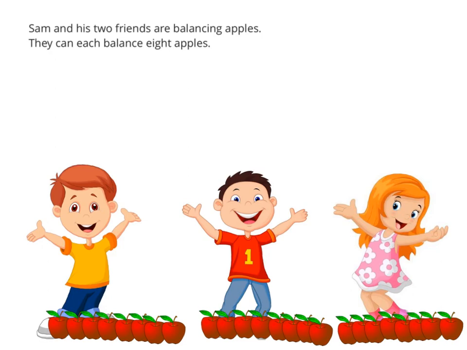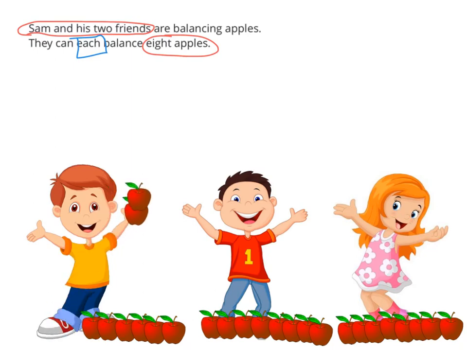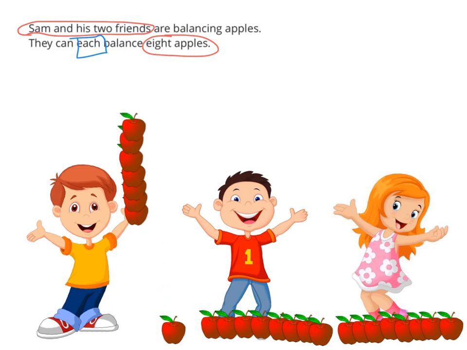So let's take a look again up here. Sam and his 2 friends. They each have 8 apples. So I am going to show Sam 1, 2, 3, 4, 5, 6, 7, 8.